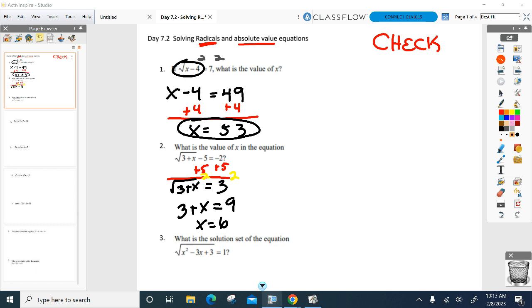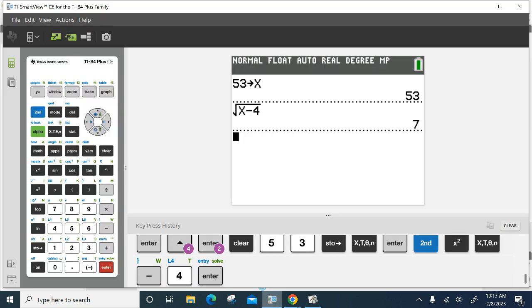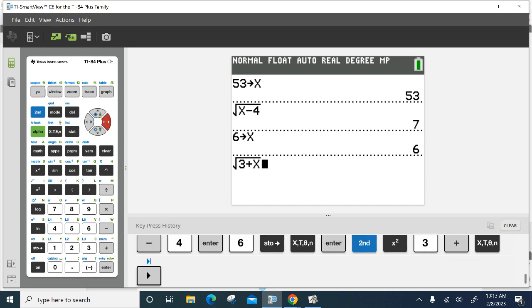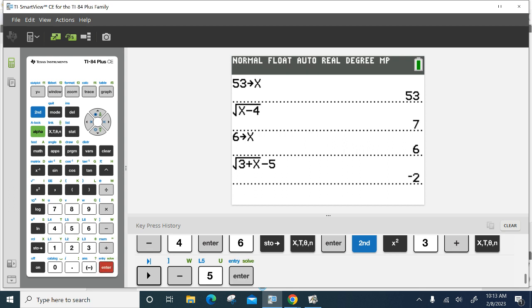Again, I don't feel bad that it's just typing numbers in. 6 stored in for x. I type in my left side, the square root of 3 plus x, and then minus 5. It's going to give me negative 2, which it should. So that's an acceptable answer again.